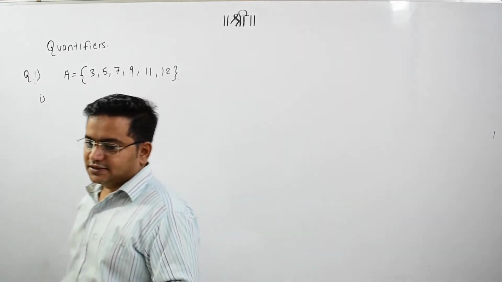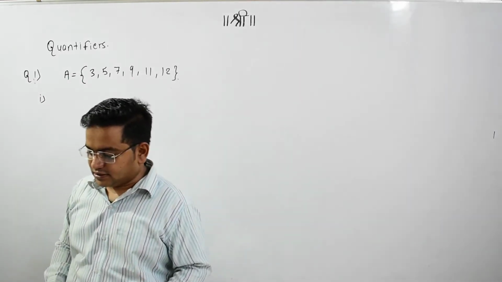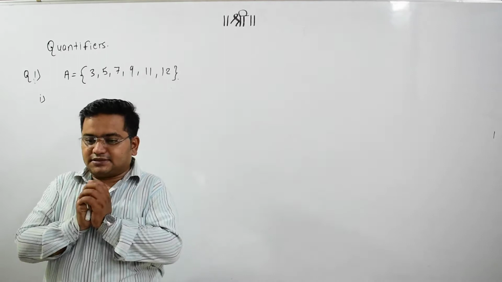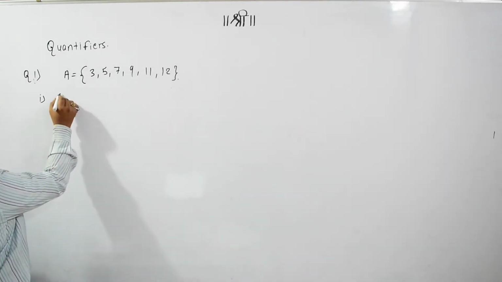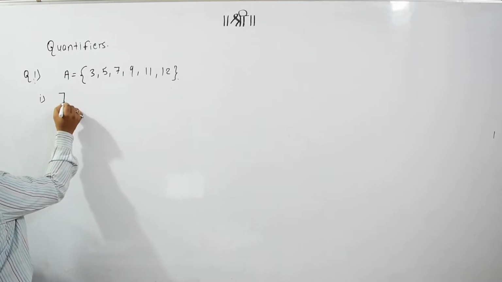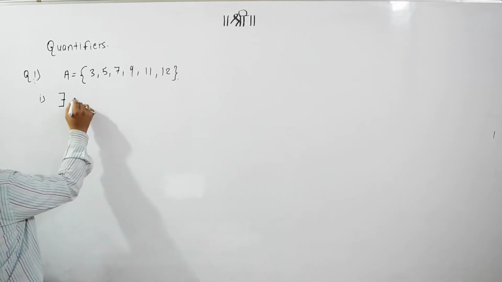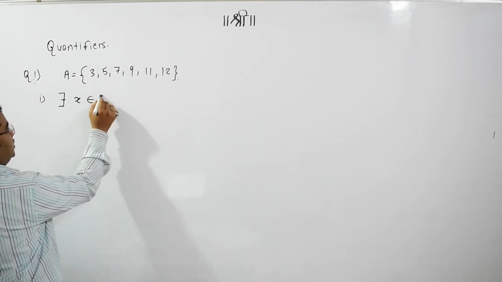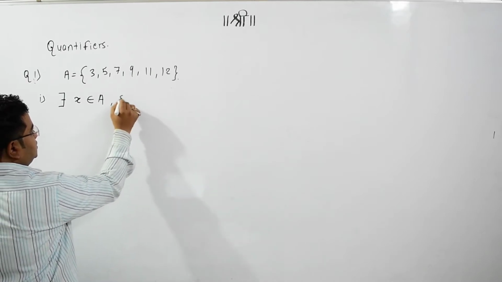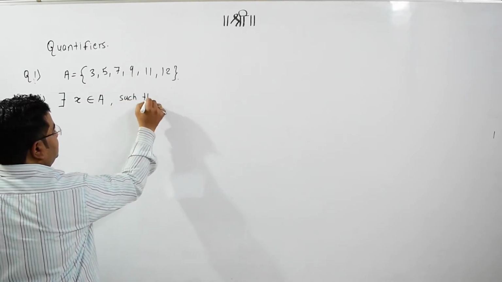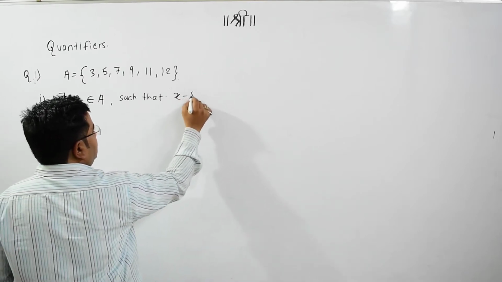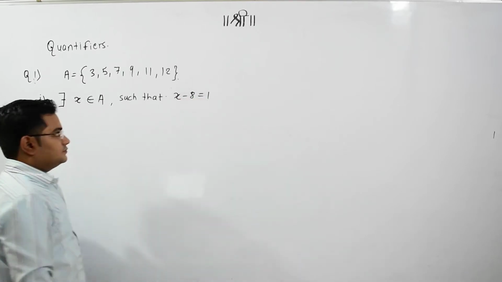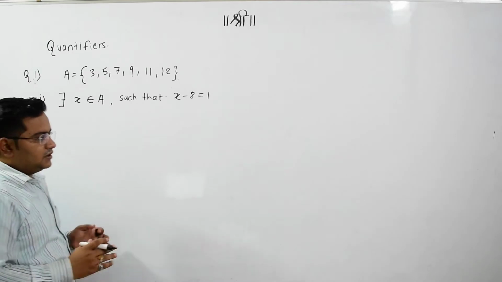There exists x belongs to A such that x minus 8 is equal to 1. Okay, that's what the given condition is.